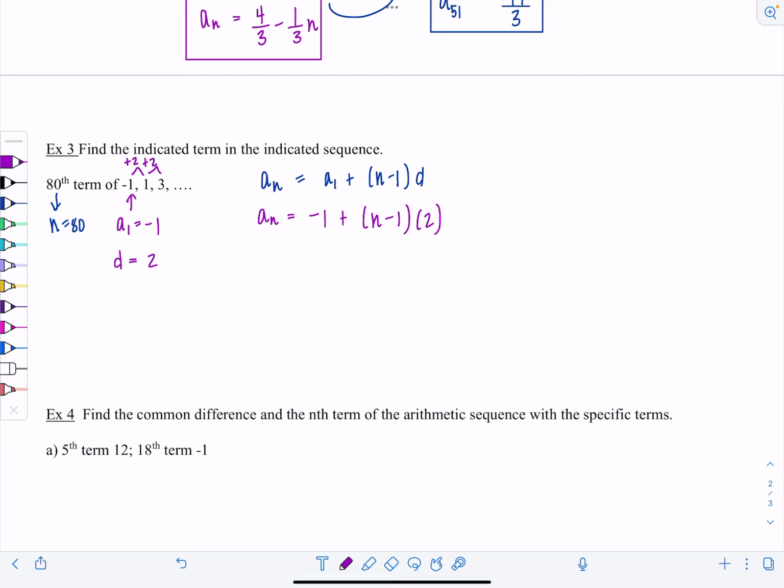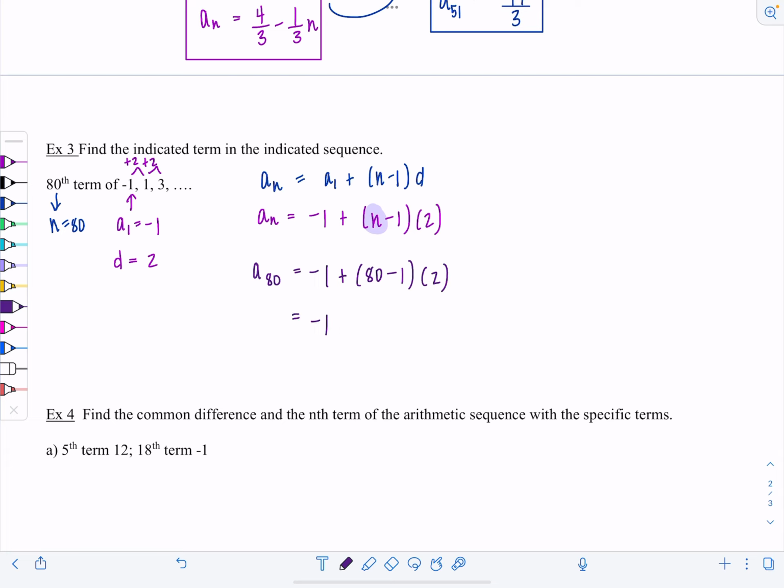All right, now it's up to you. You can distribute and clean it up. I didn't this time because it just asked for the 80th term, so I knew I was just going to be plugging in 80 for n right here, so I just jumped straight to that. Okay, so a sub 80 is going to be -1 plus 80 minus 1 times 2.